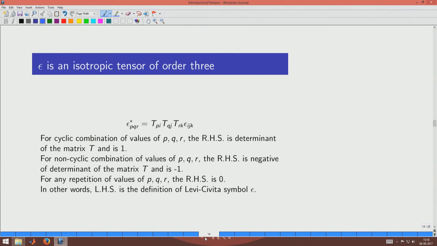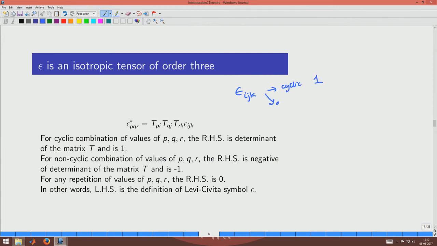Okay. Now, we can extend this definition to see whether we know some quantities that are also isotropic in that sense. So, we see that the quantity which is having 3 indices is the Levi-Civita tensor or permutation matrix epsilon. Okay, so, just to recap, epsilon is defined such that if ijk are cyclic, then you get the value +1.